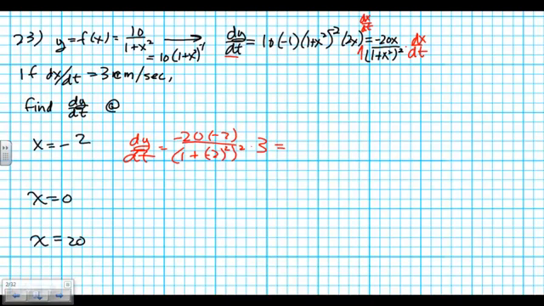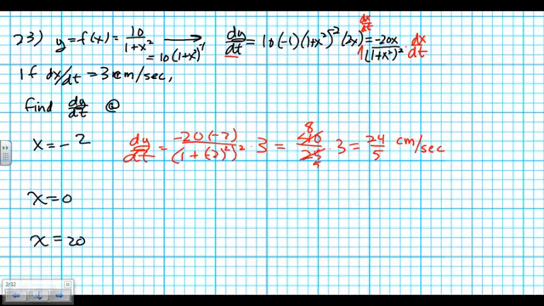So that looks like a positive 40 on top. On the bottom, 2 squared, which is 4, plus 1 is 5 squared, so 25 on the bottom, and a 3. I can remove a 5 out of both of those, giving me 24/5. And since dx/dt is in centimeters per second, I'm going to assume that dy/dt will also be in centimeters per second.